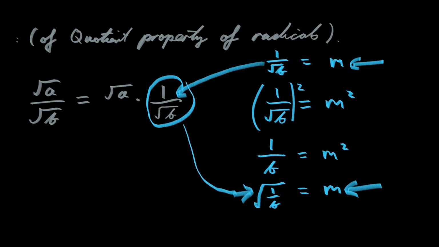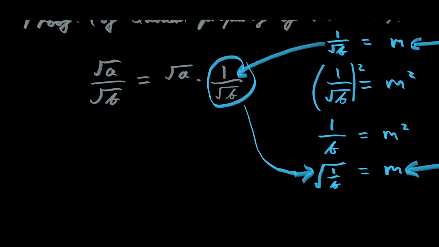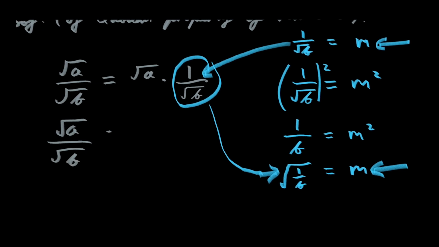Okay, so let's do that. I'm going to leave those blue arrows there so it's easy to follow. Maybe it gets in the way, I'm not sure, but I'll just leave them there. Okay, so we have the square root of a times the square root of b. What we're going to do is make this substitution.